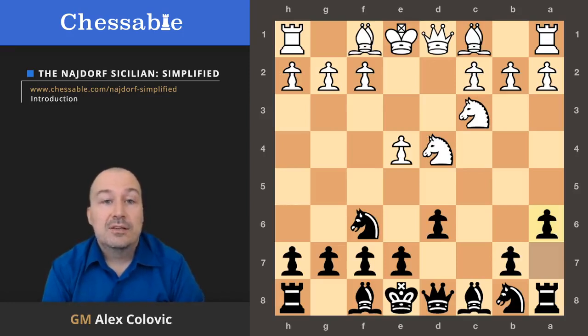And this mixture of experience and understanding, I hope, helped me create a course which you will find both enjoyable to study, which will further help you play the Najdorf with success and ultimately win with it. This repertoire was created with these aims in mind, and now all that remains for me is to wish you good luck with it.